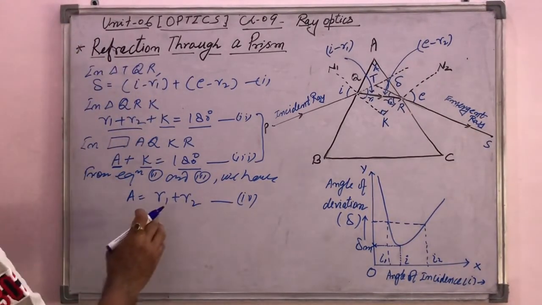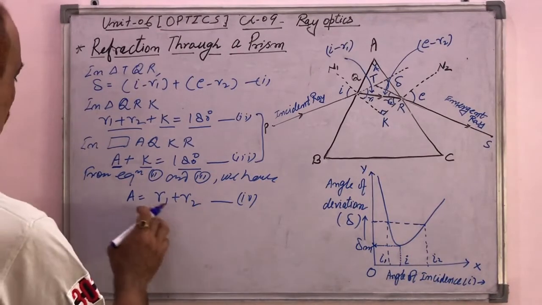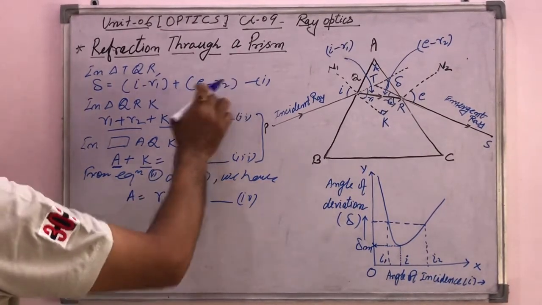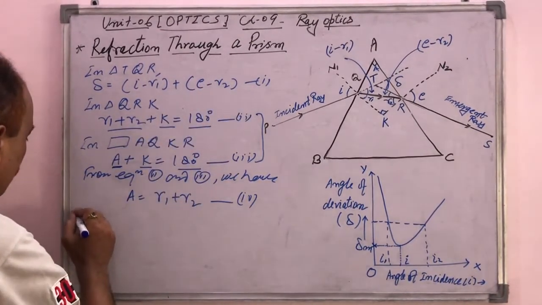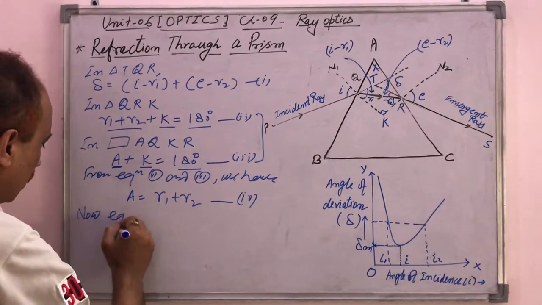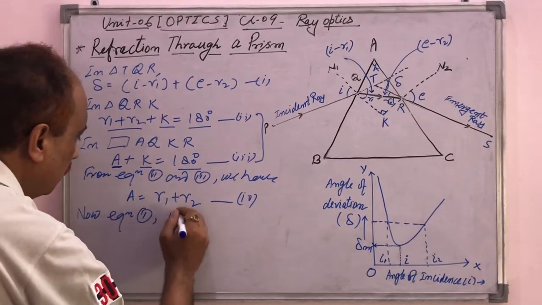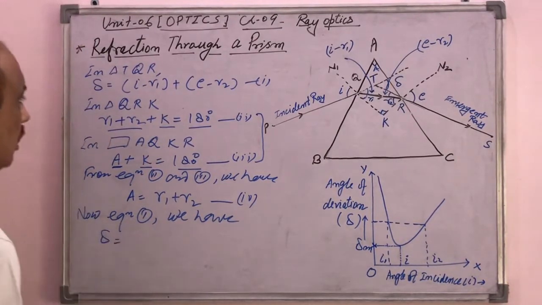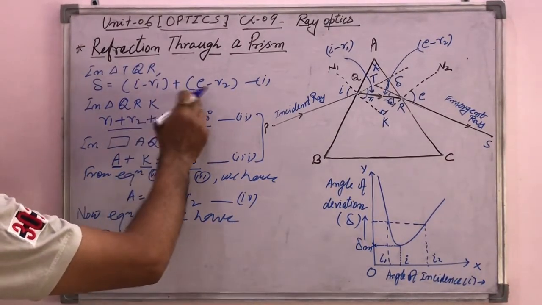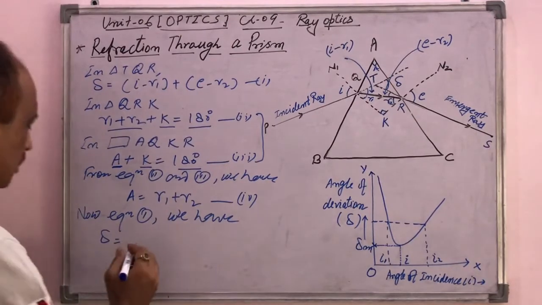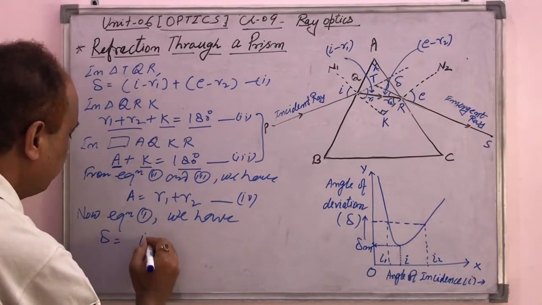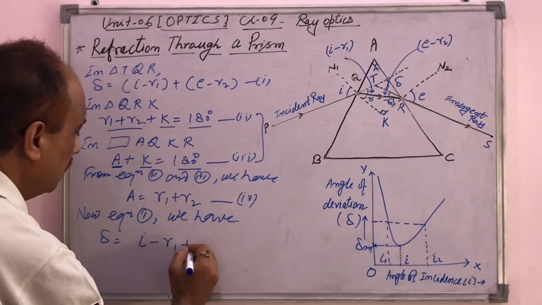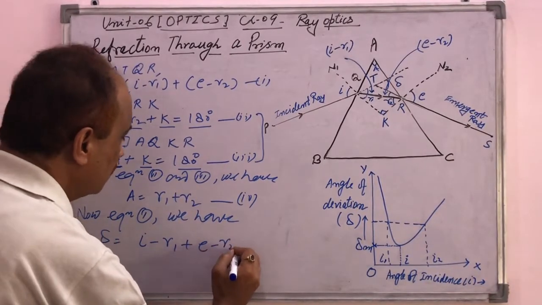Now from equation 1 we have angle delta equal to, opening these brackets, I minus R1 plus E minus R2.